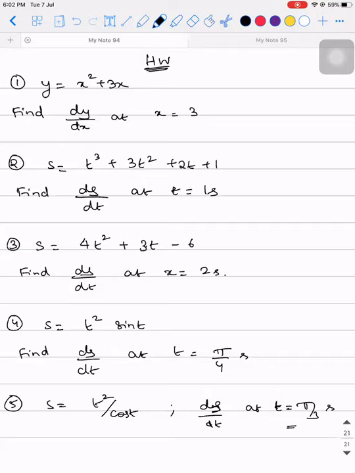For the fourth one, the answer will be in terms of pi only. You will get pi square also. Somewhere the answer will be in terms of pi and root 2 combination. So you can try these problems.